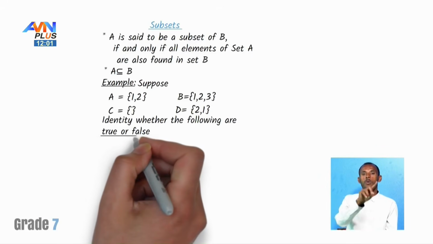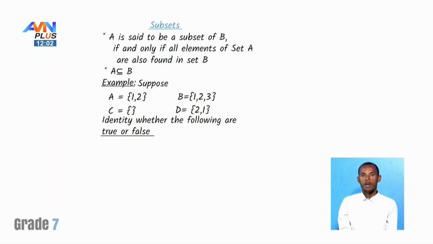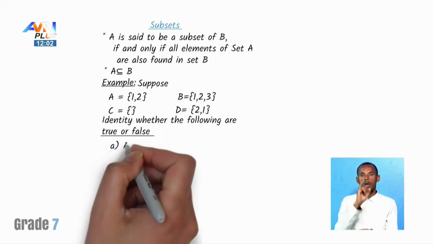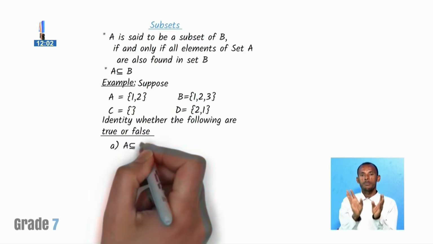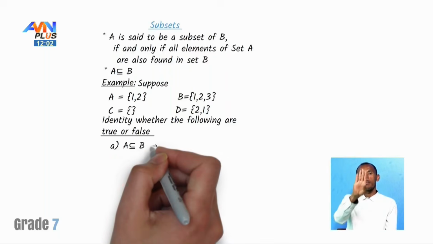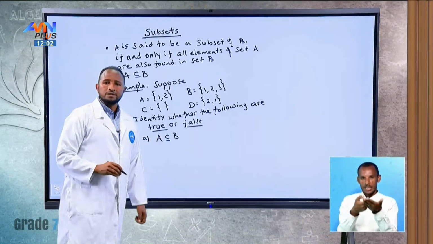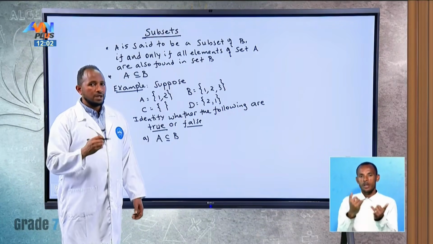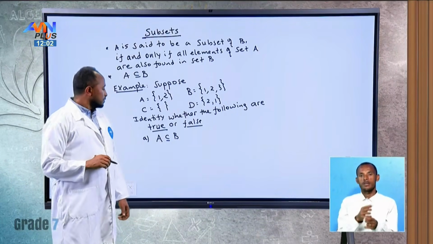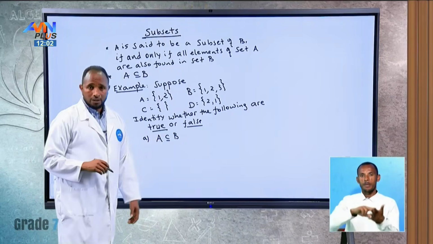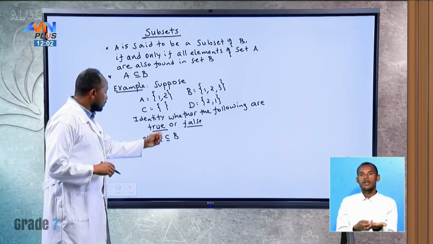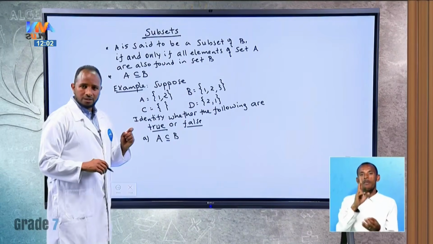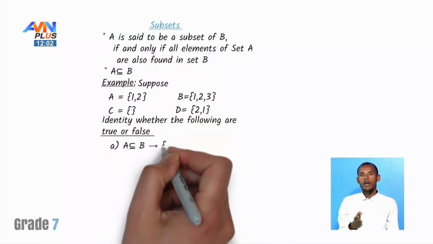Question A. Set A is a subset of set B. Is this statement true or false? Now, let's see the answer first. The meaning of this one is all elements that are found in A are also found in B. Let's see the sets.